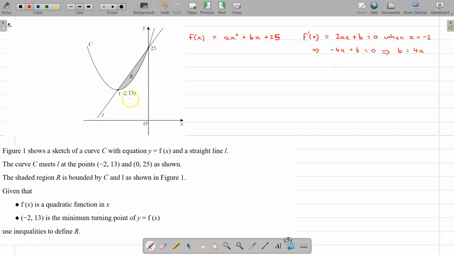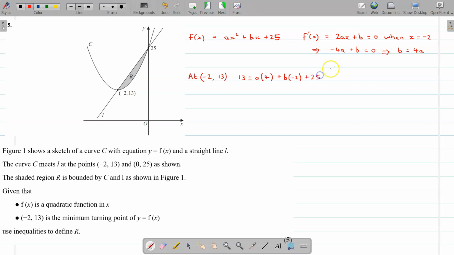I'm now going to consider what happens in the general function f of x at the point minus 2, 13. So at the point negative 2, comma 13, I can say that 13, that's the y value, equals a times negative 2 squared, which is 4, plus b times negative 2 plus 25.